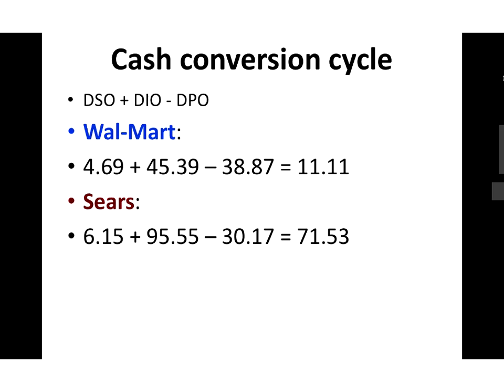Walmart is able to get cash churning in. That's why they probably can live with a negative working capital. Sears, on the other hand, has a much longer conversion cycle. Sears is having trouble selling its inventory, and that's giving them some trouble. Quite frankly, probably the only way Sears is going to survive is if someone comes in and buys them.